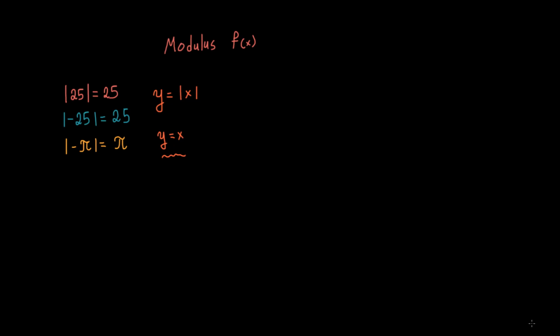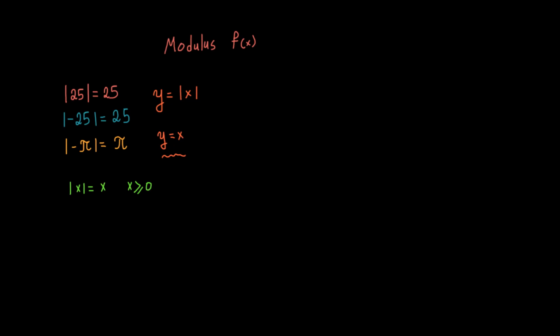In order to draw it, we first have to set certain conditions. Let me use a different color. Let's use green. The modulus of x behaves like the y equals x function for values where x is more than or equal to 0.